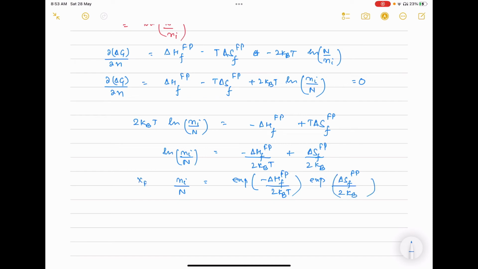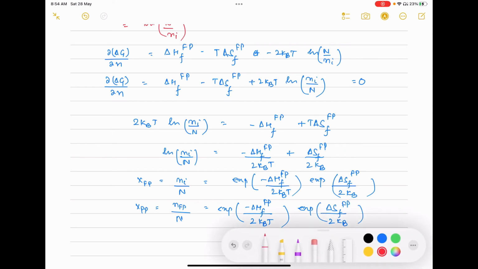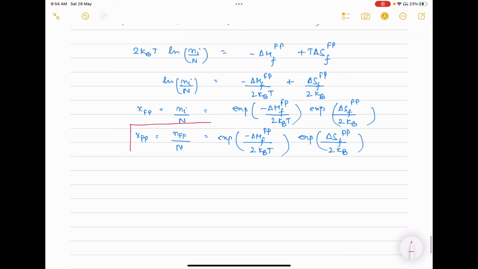So this is the equilibrium fraction of Frenkel pair defect. So the number of Frenkel pairs by lattice sites is equal to exponential of minus ΔHF(FP) by 2kBT times exponential of ΔSF(FP) by 2kB. This is the final expression for the equilibrium fraction of Frenkel pair defect.